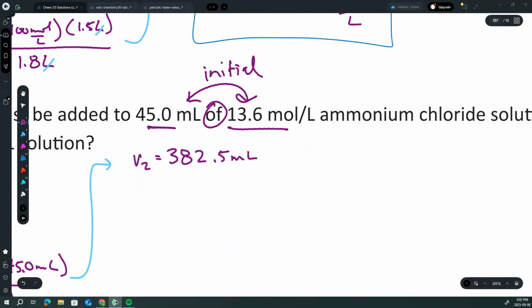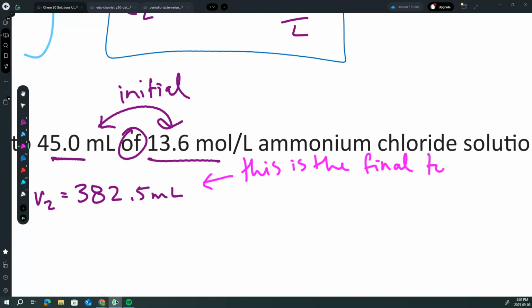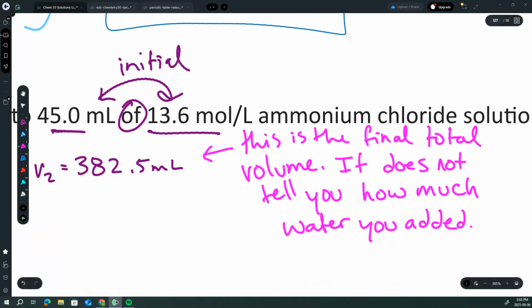So reminder here, what this represents is the final total volume. It does not tell you how much water you added, but it can help you figure out how much water you added.